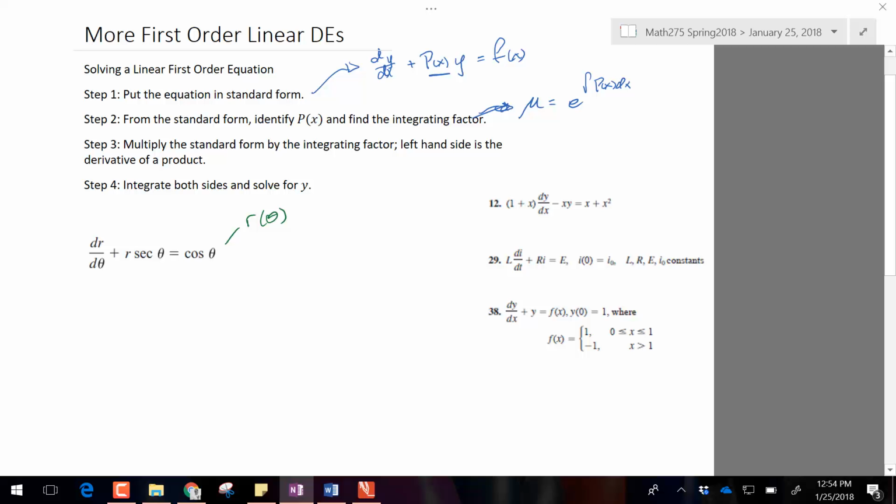So I think this is already written in standard form, kind of. And if r is your dependent variable, like your y, then that means your p of x, or in this case p of theta, is equal to secant.